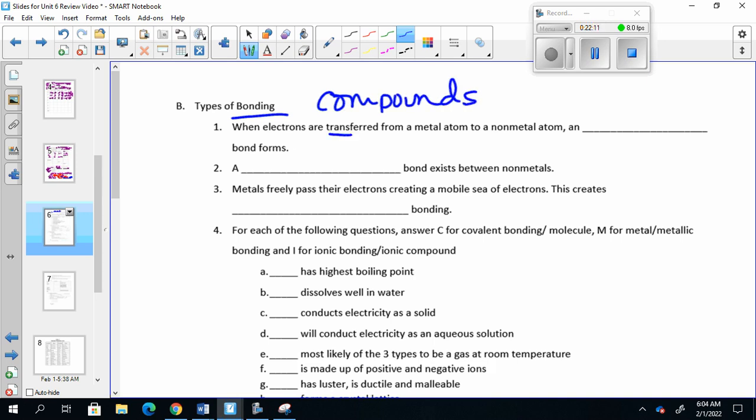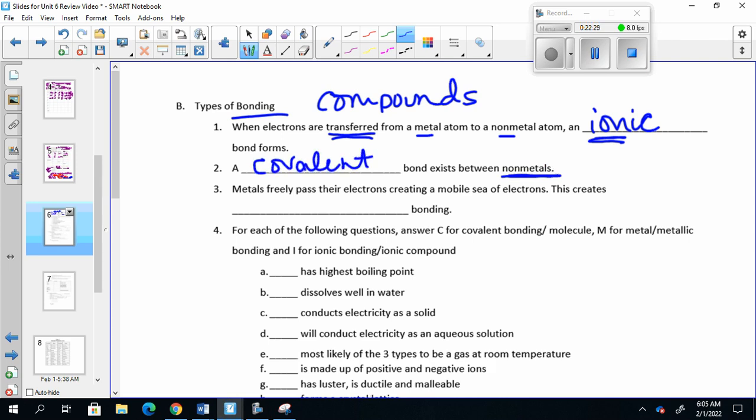When electrons are transferred from a metal to a nonmetal, we call that an ionic bond. And the reason why we call that is because we make ions. And then if you have nonmetals, they form what's called a covalent bond.